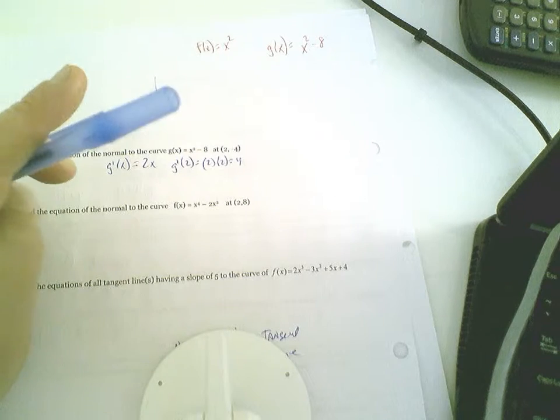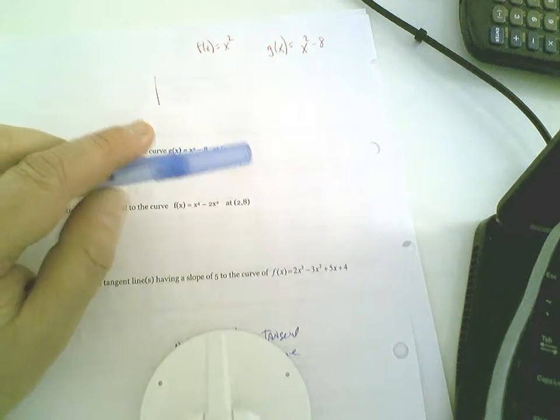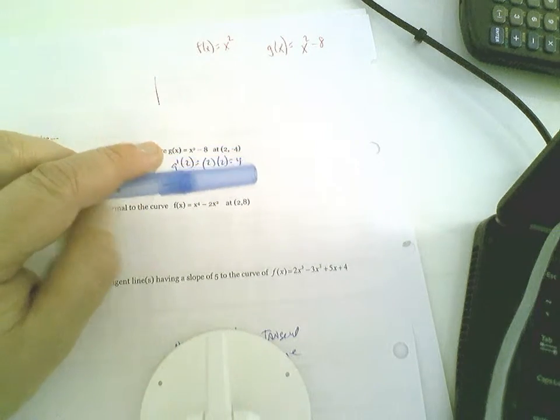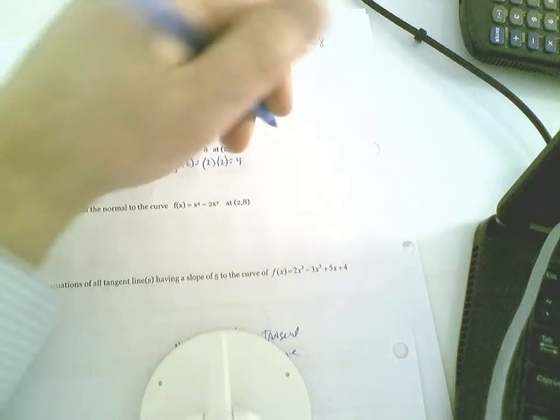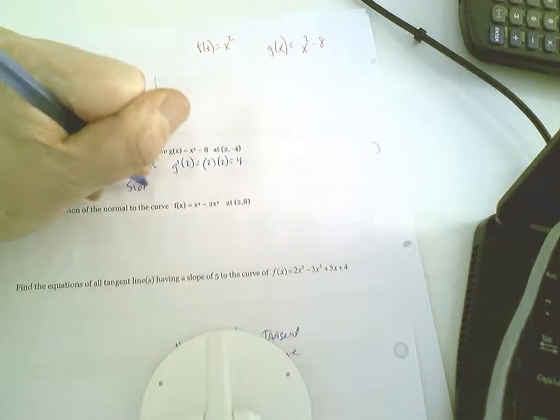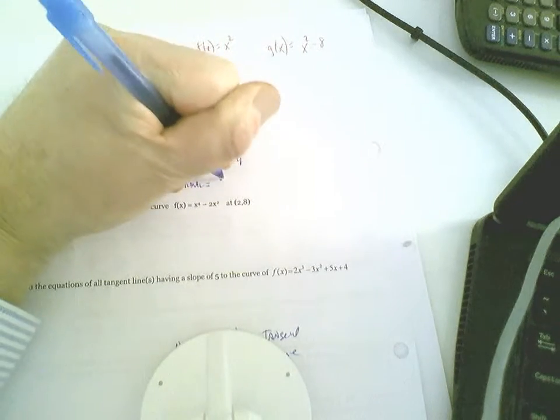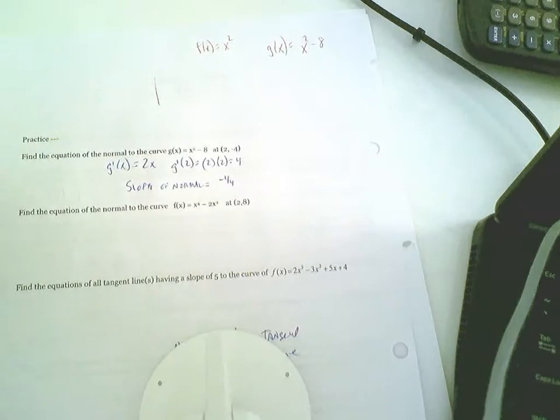And if you recall, for lines that are perpendicular, if you multiply their respective slopes by each other, you'll always get negative 1. So, slope of the tangent line is 4. Slope of normal equals negative 1/4.